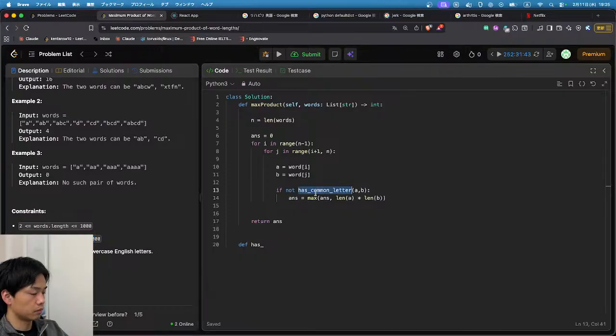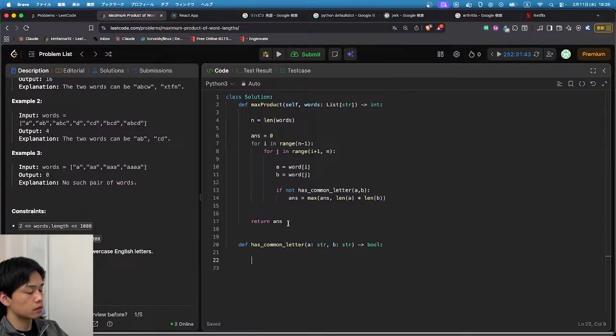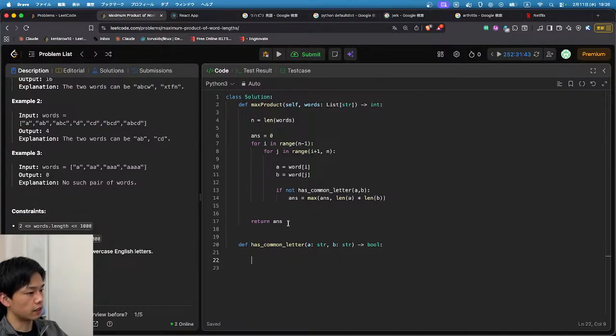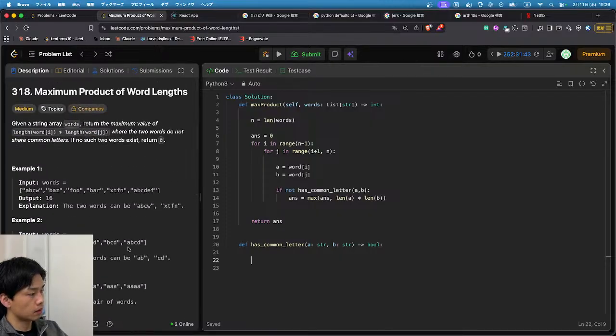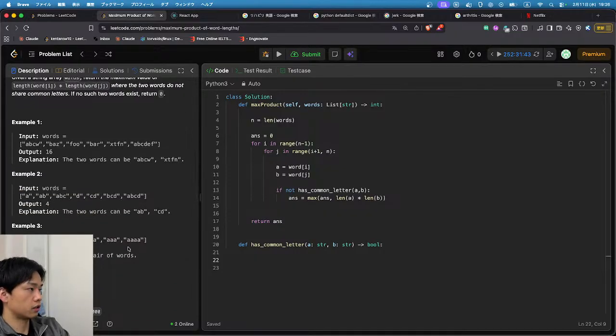So for the naive implementation, we have to check common letters.